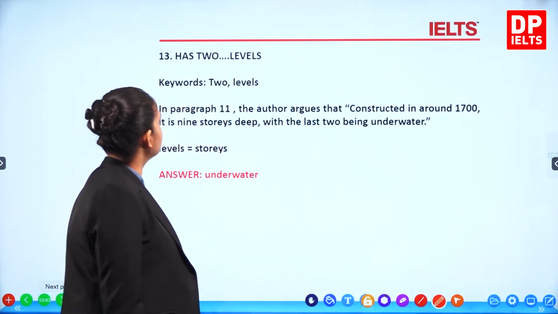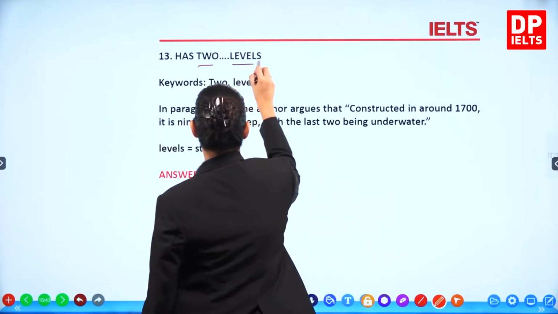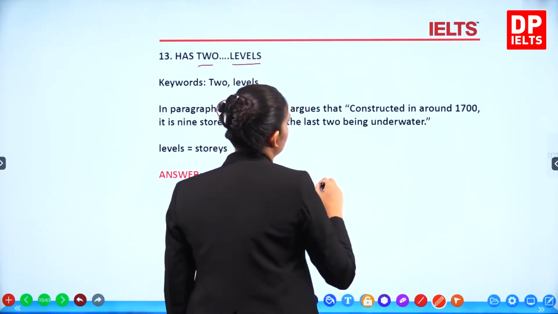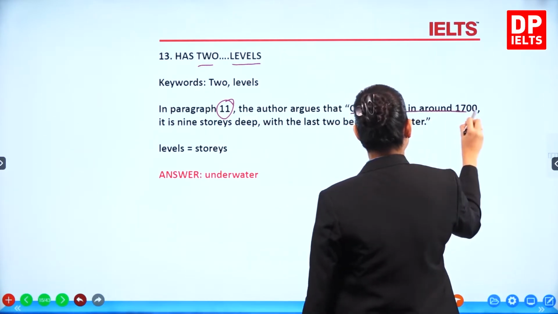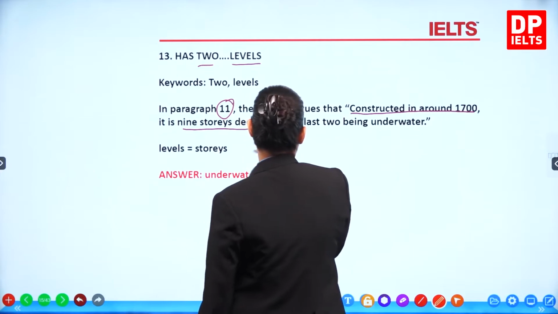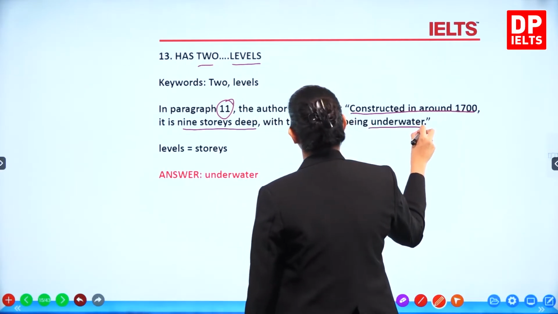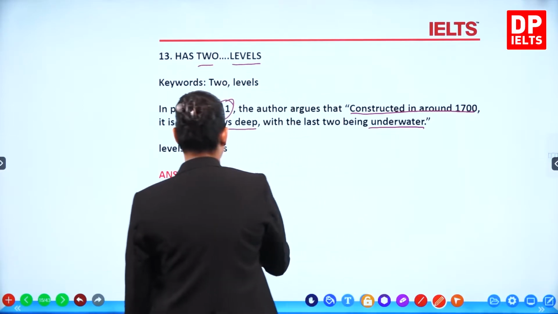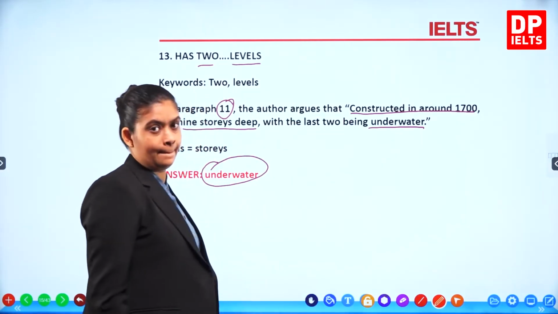Has 2 levels of what? Go to para 8. Constructed in around 1700, it is 9 stories deep with the last 2 being underwater. So has 2 underwater levels.